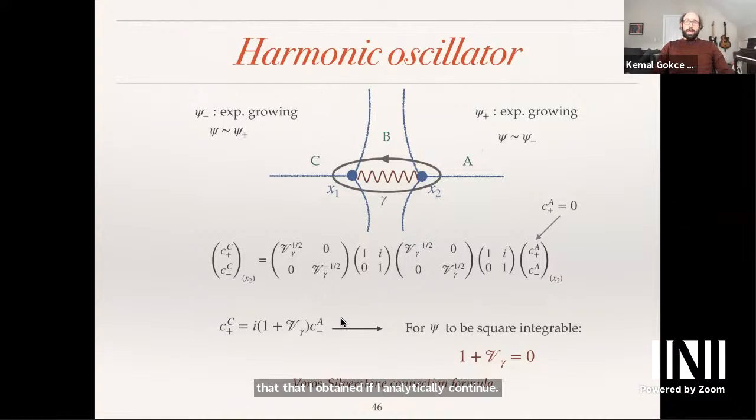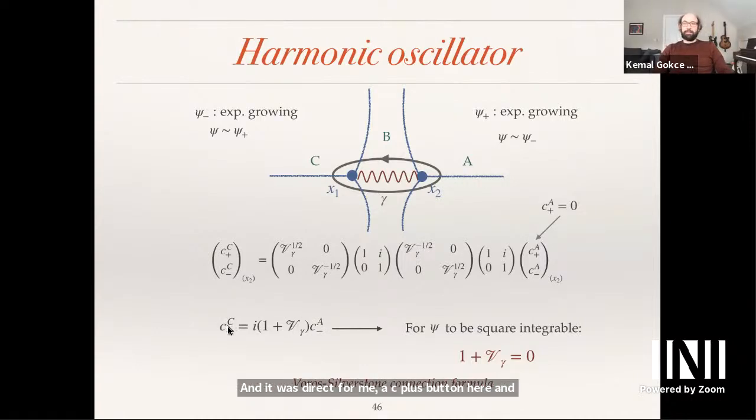Okay. Then initially I start with the condition that my C plus was 0 because I want an exponentially decaying function here. But again, if I do this analytical continuation and so on, I see that even if I turn it off here, I actually turn it on by this analytical continuation process. And it does generate for me a C plus term here.